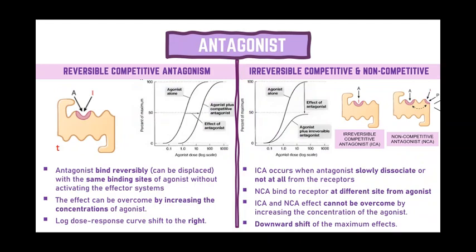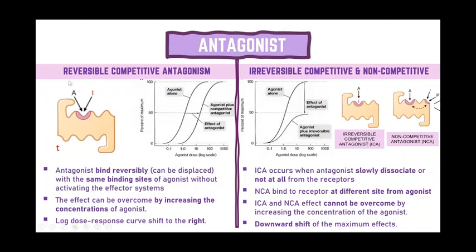Let's talk about antagonists. There are three types of antagonists, which are reversible competitive antagonists, irreversible competitive antagonists, and non-competitive antagonists. Before I continue, I want to highlight here that the A refers to agonists and the I refers to antagonists.